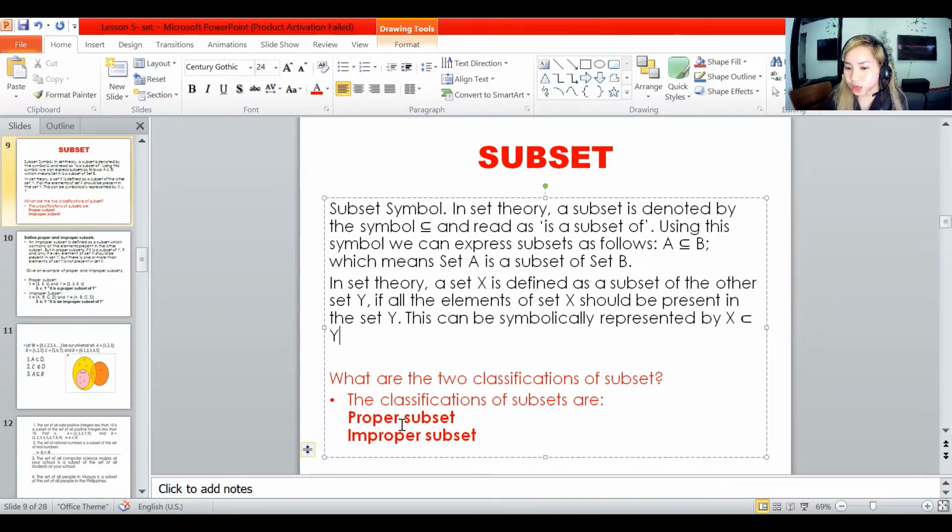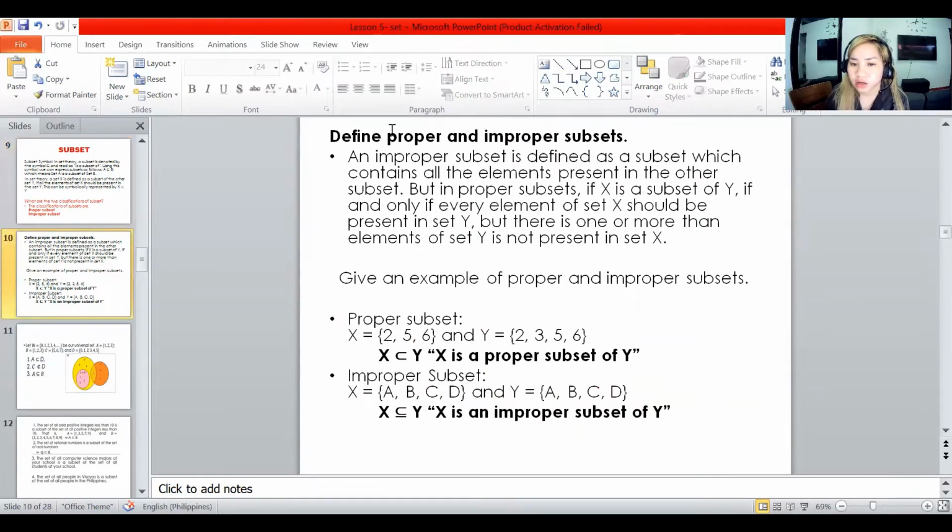We have proper subset and improper subset. Kapag hindi siya proper subset, ang basa dun is not a proper subset. So, let's define kung ano yung proper and improper subset.